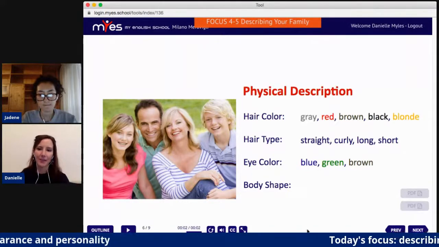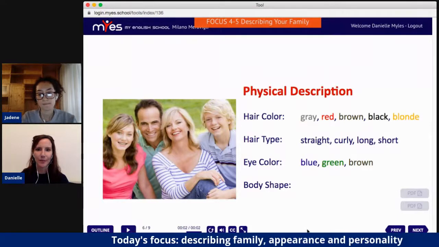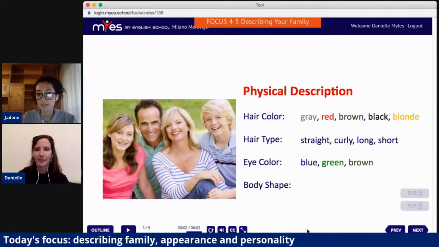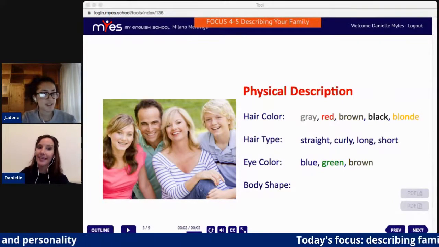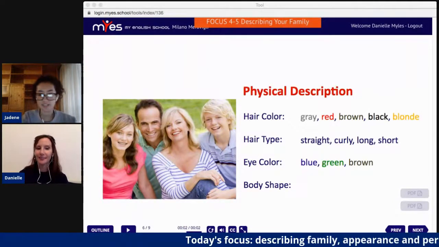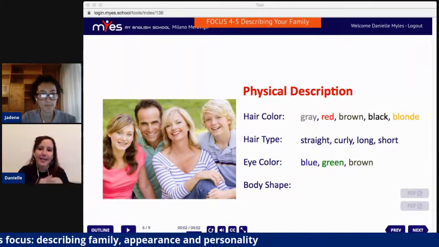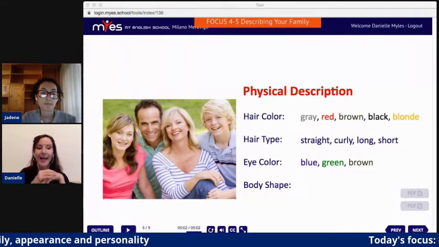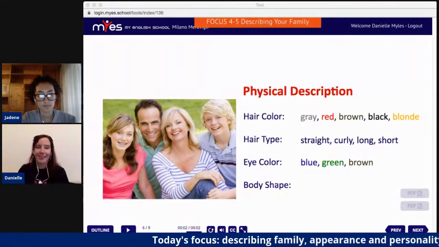Okay, and body shape. What are the basic ways to describe someone's body? Well, anyone know? Someone earlier, I think it was Massimo, said curvy. So what is curvy, Danielle? Curvy is for a woman, and it's when usually you go out at the top and then in and then out again.